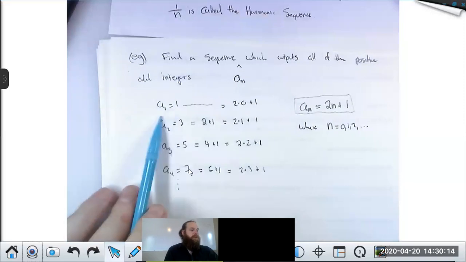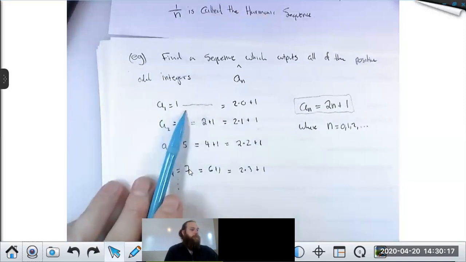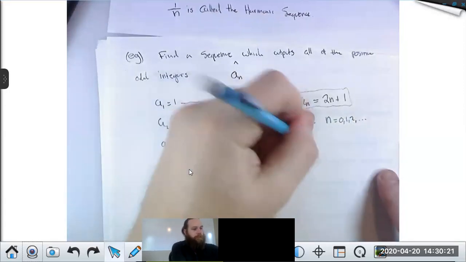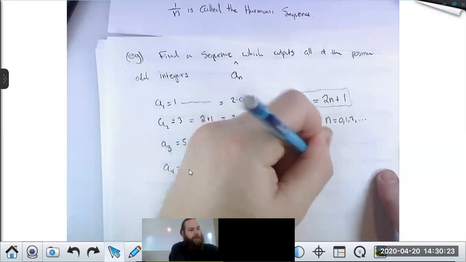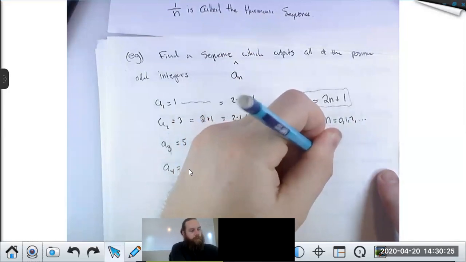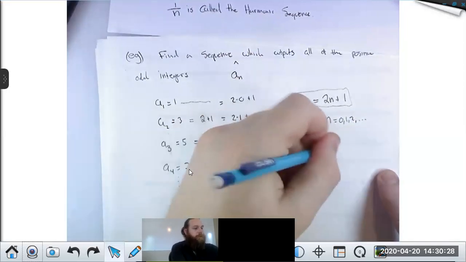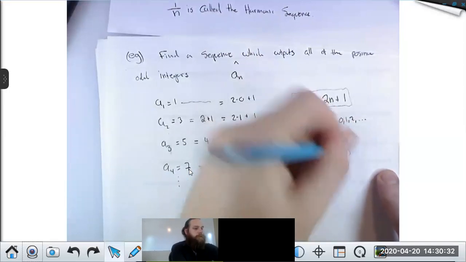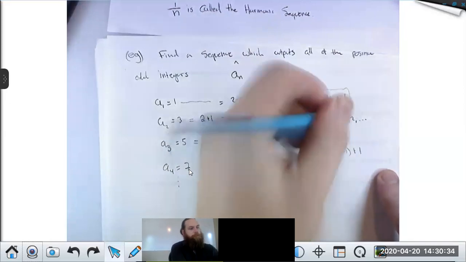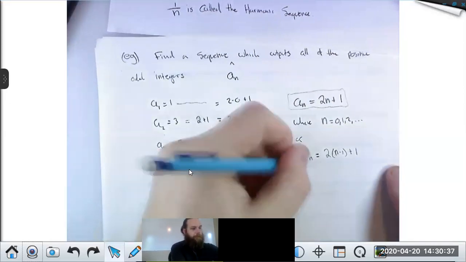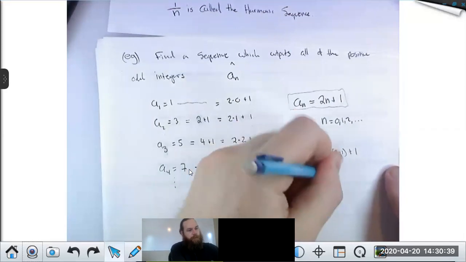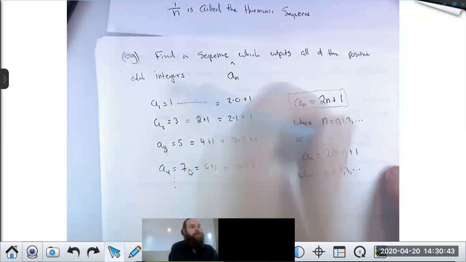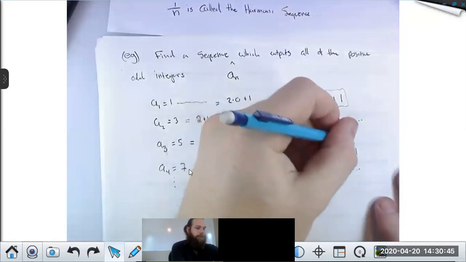If I need it to match exactly like this, like a1 equals 1 rather than a0 being 1, I could say an is 2 times n minus 1 plus 1, where n equals 1, 2, 3, and so on.